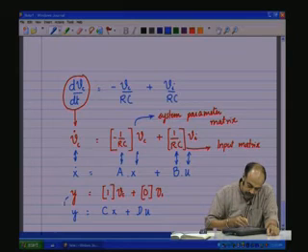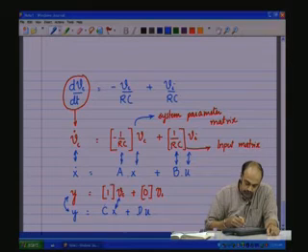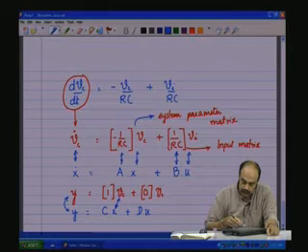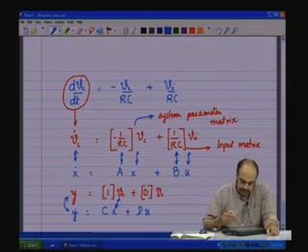Again, the equivalence between these two. x is the state vector and C is the output matrix, D is the feed forward matrix, the input that comes directly to the output without going through the dynamics of the system.